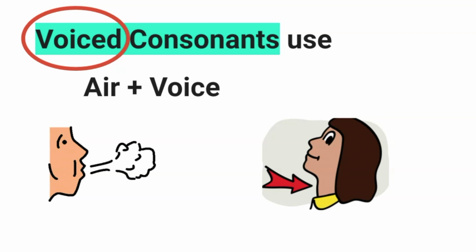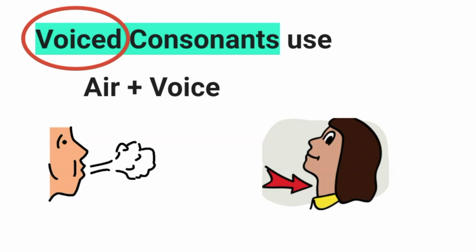The air makes sounds like p, k, t, f, and the voice makes the g, d, v, r, l.